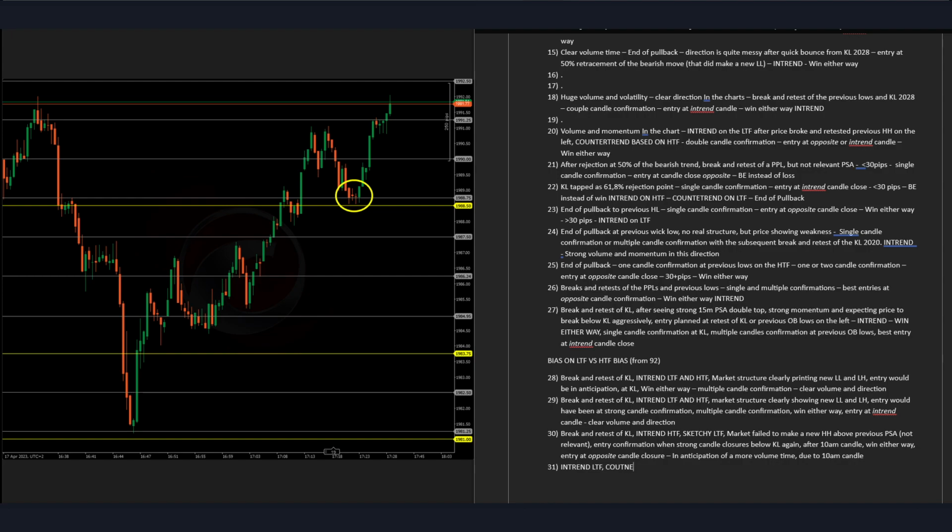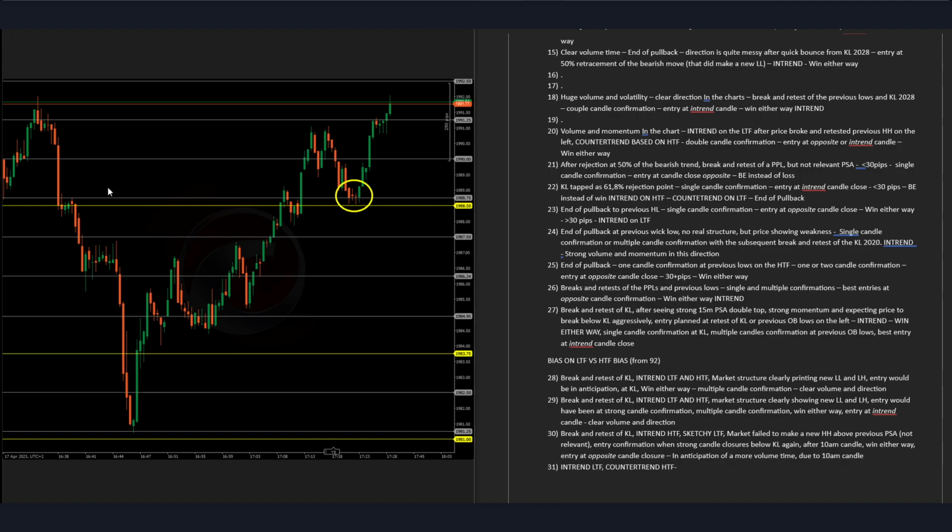So now this is in trend on the lower time frame, but counter trend on the high time frame in this case, because before this price action we were in a bearish bias. So we had to identify that price reacted at the 1981 key level, broke and retested the 1983.7 key level.